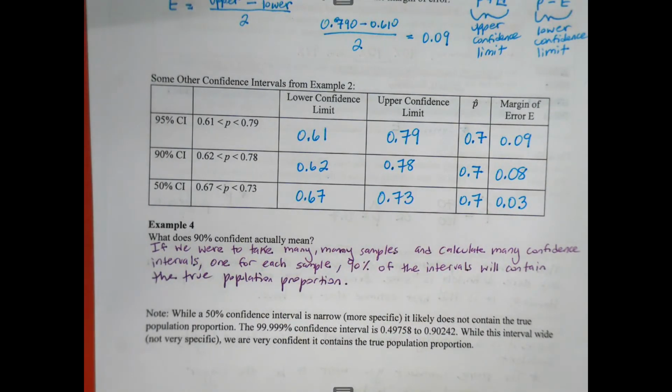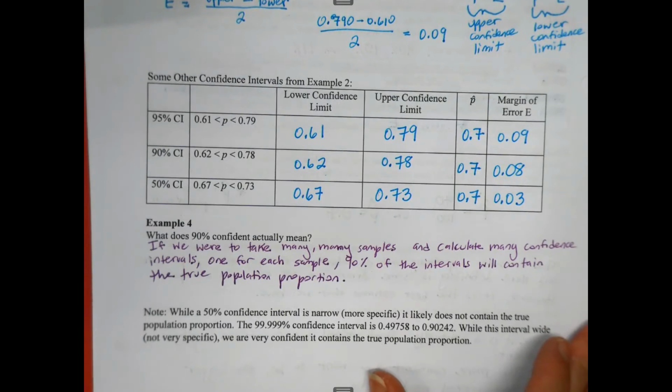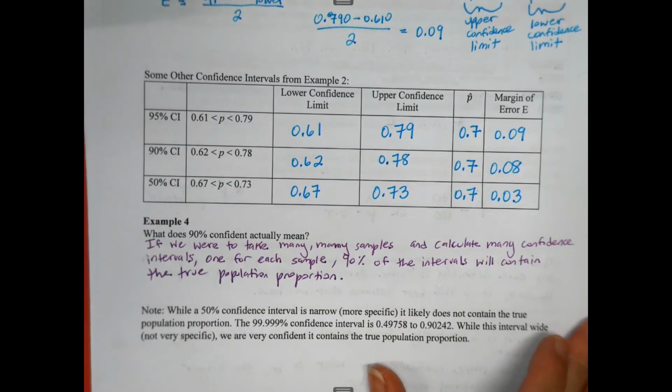Essentially, we would have to be taking a bunch of samples and finding a confidence interval for each sample. Then 90% of those intervals will contain the actual population proportion.